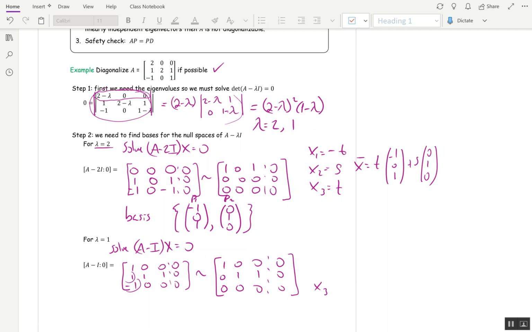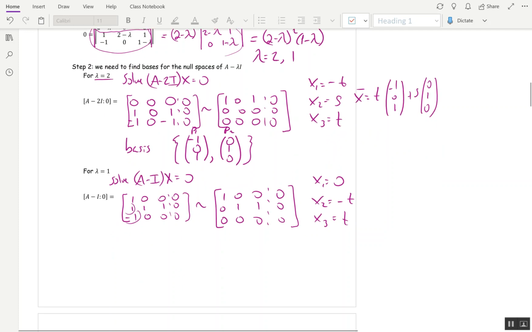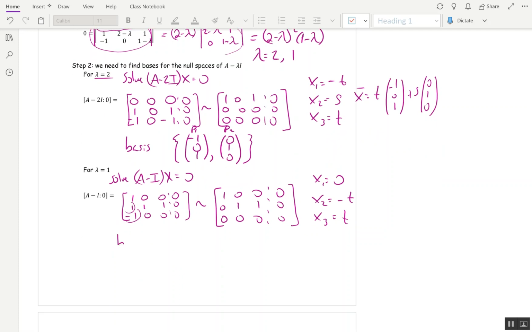So x3 is free, x2 is negative x3, so negative t, and the top row reads x1 is 0. So a basis for the eigenspace is 0, negative 1, 1. And I'm going to call that P3.